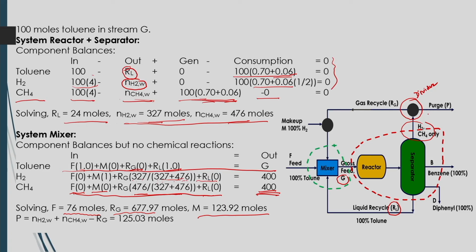If you subtract the total recycle gas from this, you can easily calculate the purge. Basically, you can do the material balance in this divider.